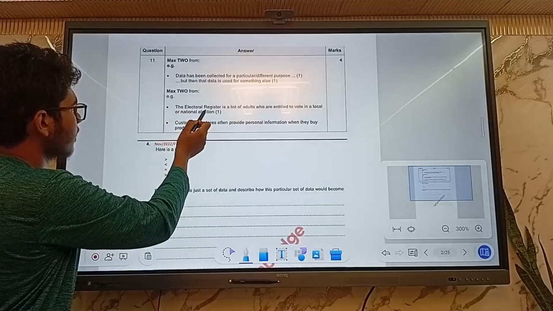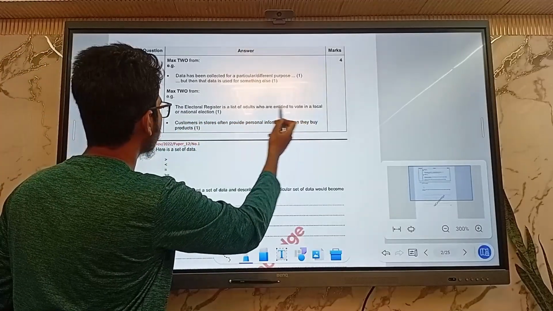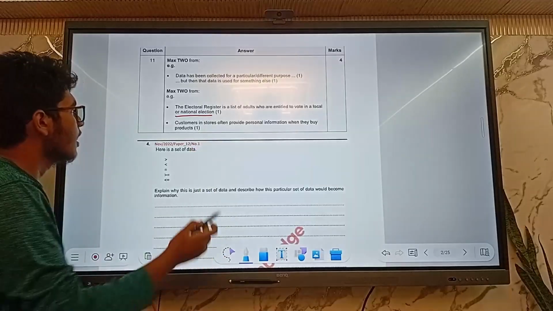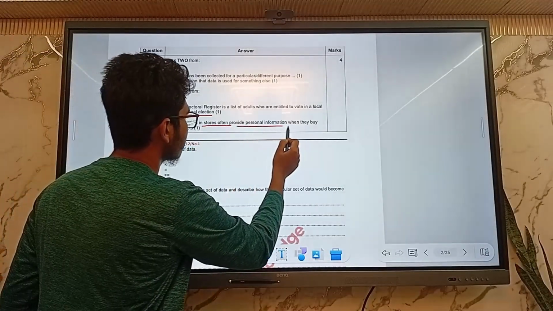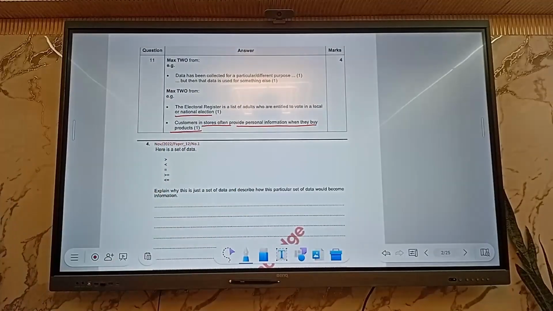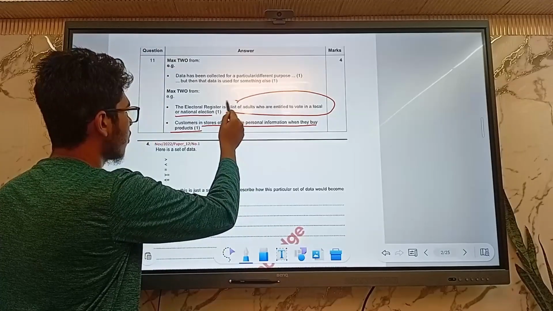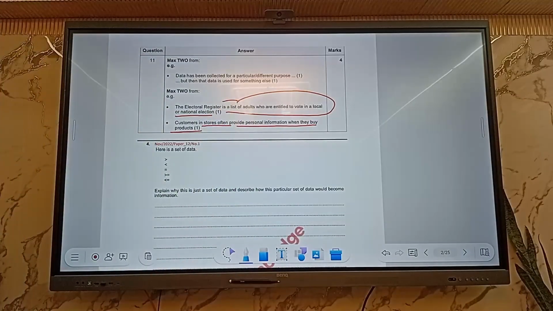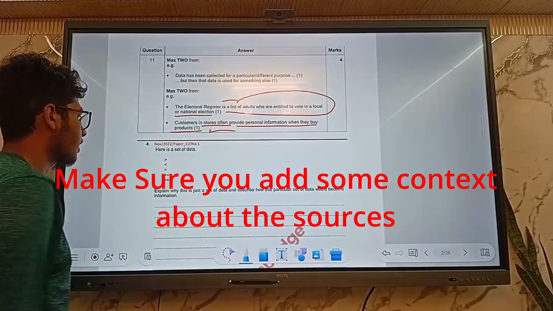Max 2 from: the electoral register is a list of adults who are entitled to vote in local or national elections. Customers in stores often provide personal information when they buy products. So basically I messed something up, in that you also need to give some context of the electoral register or the census or the customer registry, but I mentioned this one, so it's correct.